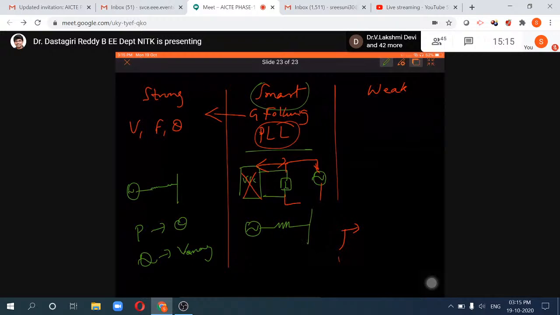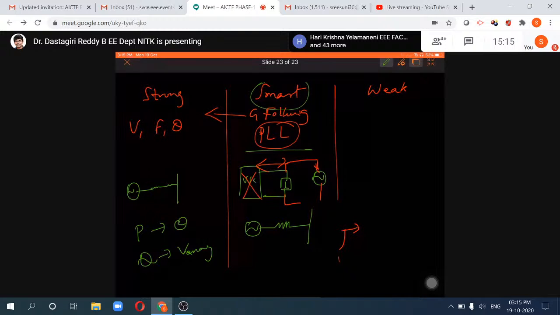If you look at any paper, how they model a voltage source converter is a voltage source in series with a resistance, but not with an inductance. I hope you all know why. Because there is no inductance part in the voltage source converter. It's only the drop across each switch, which is a resistance drop. So it is a resistive based network.